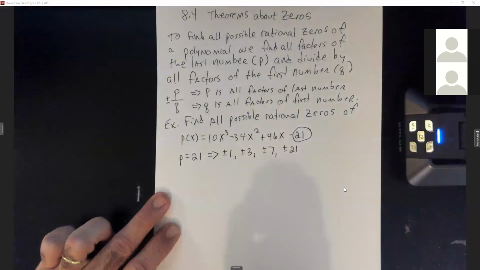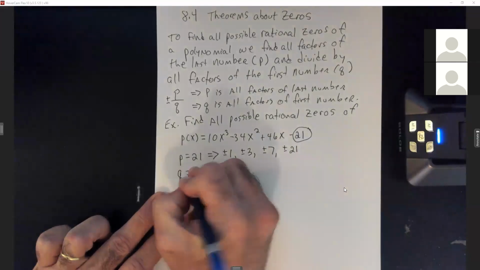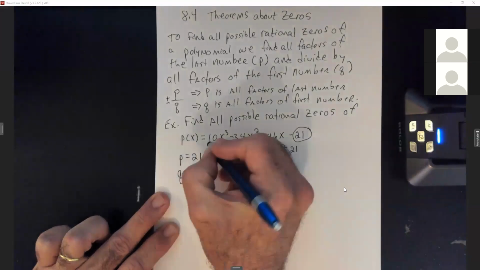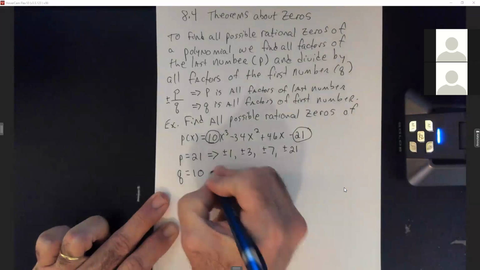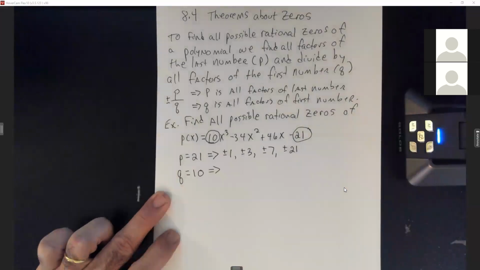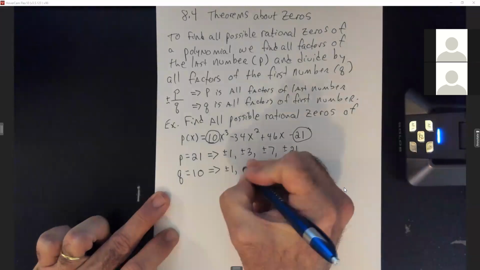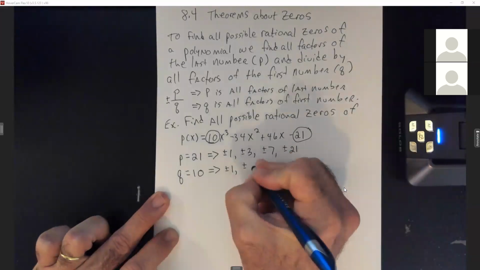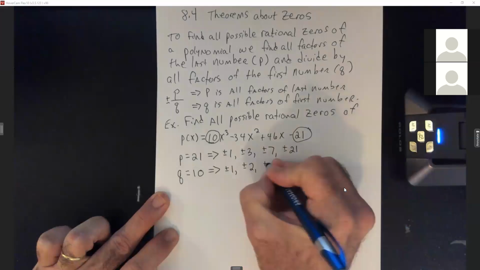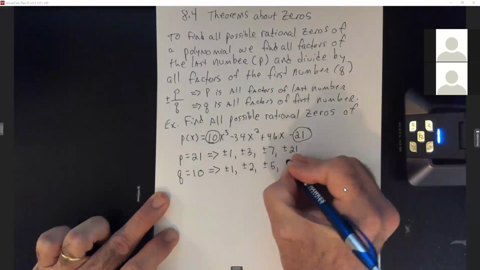All right, now we find our Q. So Q was the first number, which will be 10. So I now need to find all the factors of 10. And factors of 10 can be plus or minus 1, plus or minus 2, plus or minus 5, and then plus or minus 10.